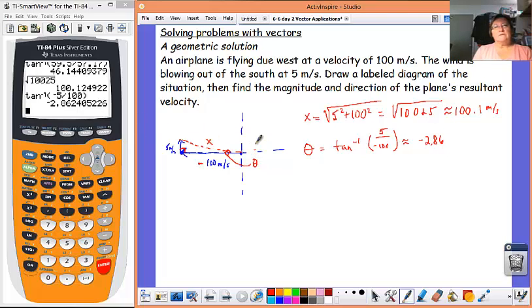I would remind you that when you use tangent inverse, you get things that are in either first or fourth quadrant. Our angle is in the second quadrant. So to find the direction of ours, we have to add 180 degrees to that, just because we know we need to get not in the fourth but in the second quadrant. So let's add 180 degrees to that.